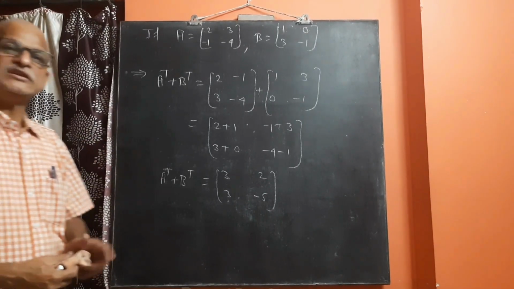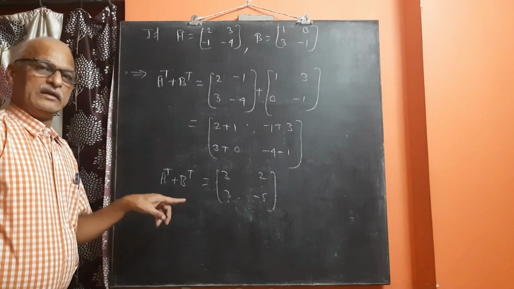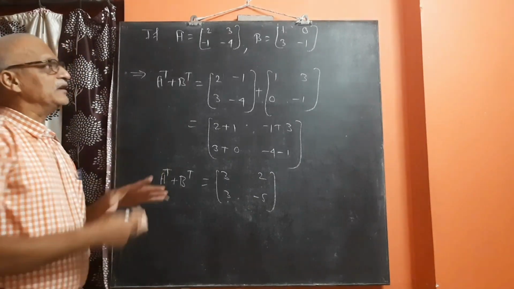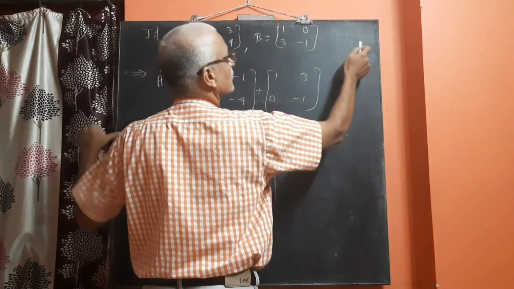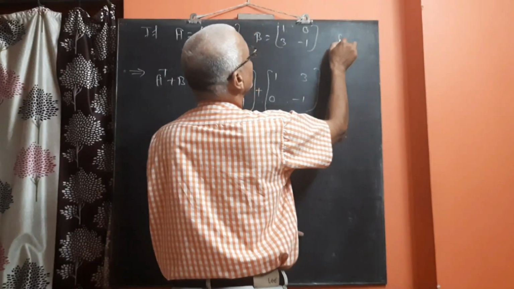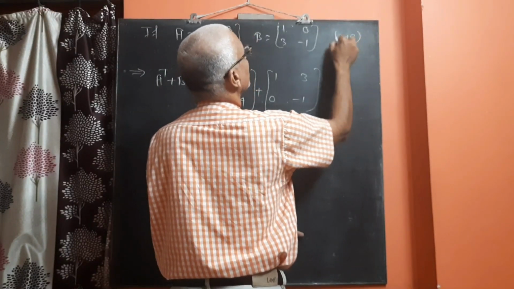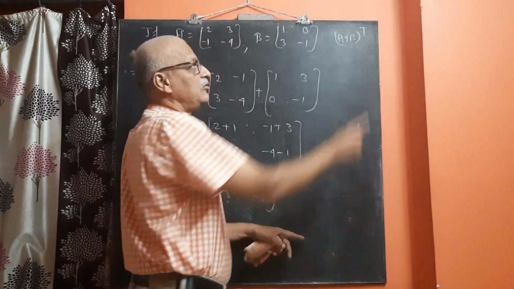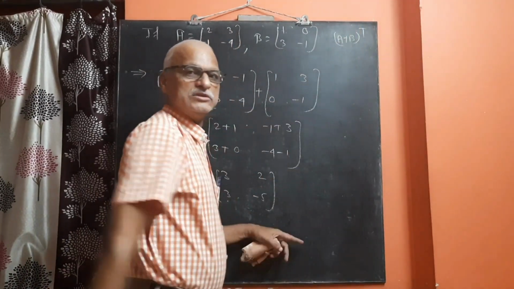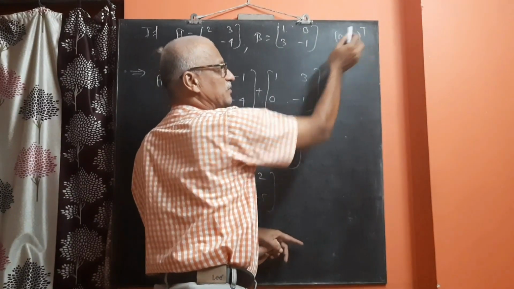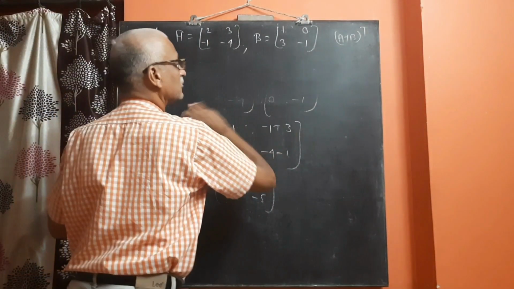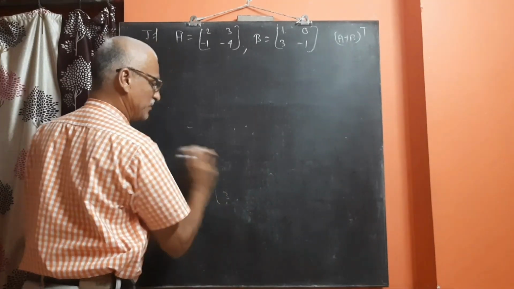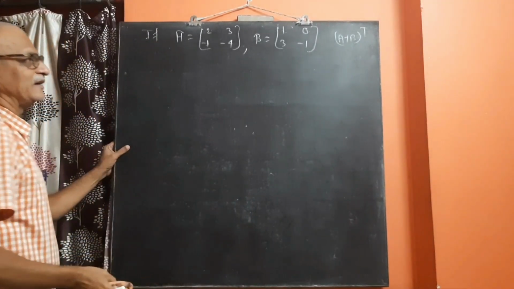The second condition is our (A plus B) transpose. And the second condition is (A plus B) transpose. Now to find out (A plus B) transpose, first we have to find out A plus B. Now to get that A plus B, again we have to add the two matrices.